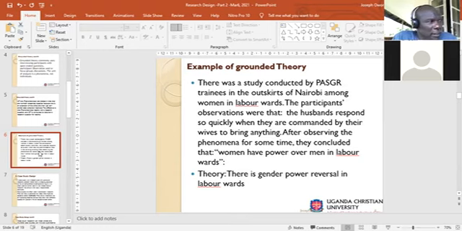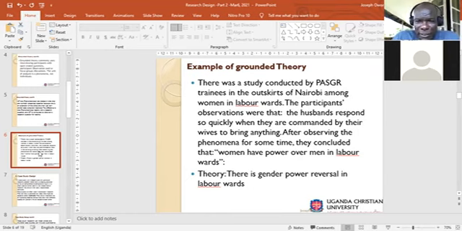So the theory, when it was refined, it read like there is gender power reversal in labor wards. Because the truth of the matter is that men are known to have power over women. But in this particular incident or phenomena, it was like the women were the commanders, and the men were the subjects.